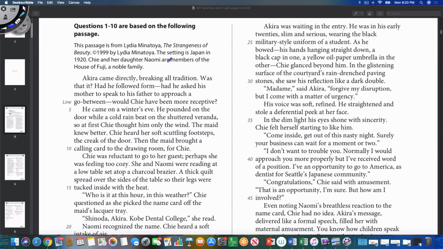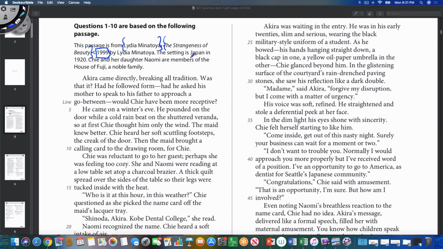This passage is from Lydia Minatoya, so I always mark out authors' names. In my case, I would do that within curly braces, for example. And the name of the novel is The Strangeness of Beauty, written in 1999, always boxed, by the author Lydia Minatoya.